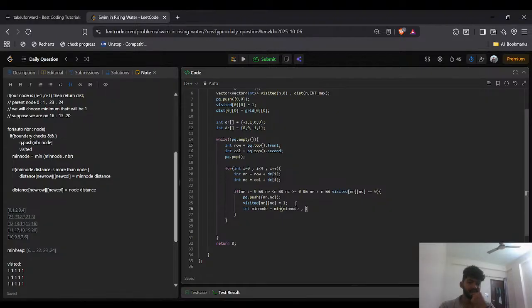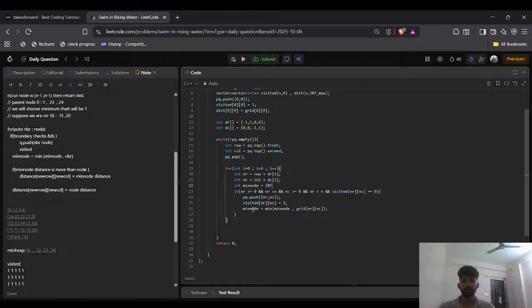Okay, we will do that thing. Min node, also min node, n grid nr nc, min node.